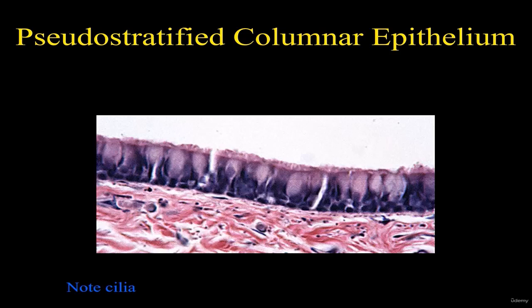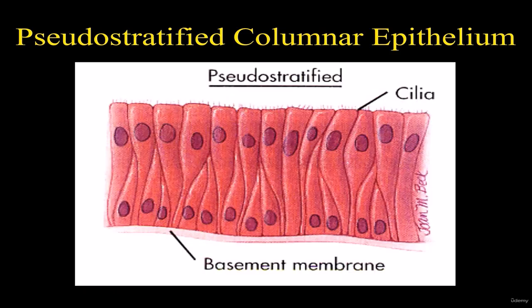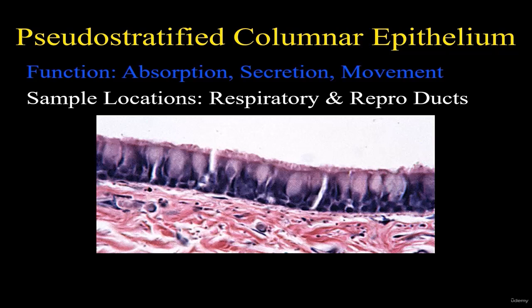Pseudostratified columnar epithelium. Here are the cilia in this specimen. Function: absorption, secretion, movement; sample locations: respiratory or reproductive ducts.